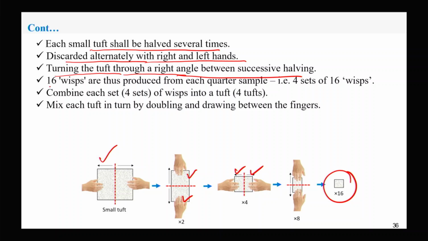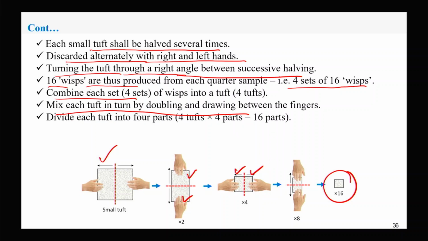So 16 such whips will be taken. 4 sets of 16 whips are taken. Combine each 4 sets and mix the tufts, doubling and drawing, so that we get the random specimen.